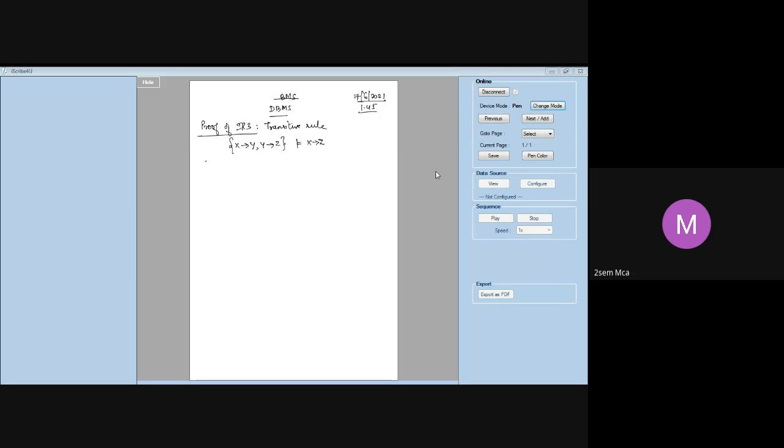So what is given to us? Let me put down here. X implies Y is given to us. Second one, Y implies Z is also given to us.